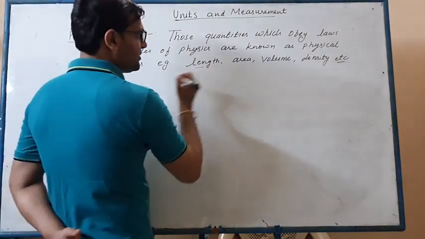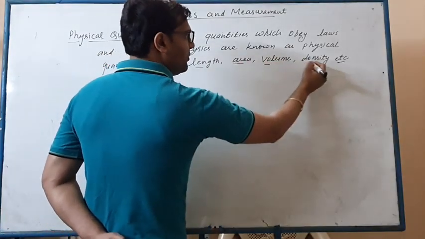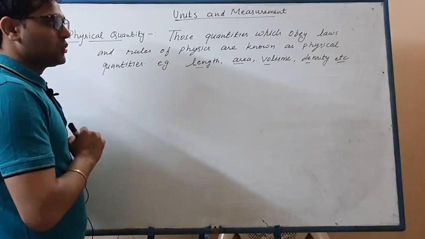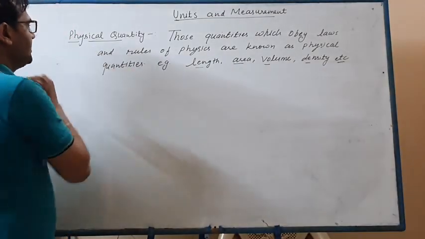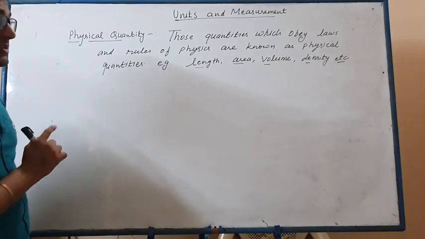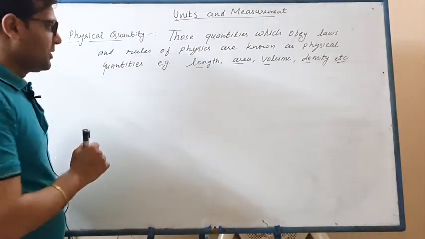We can measure length, right? We can measure the area, we can measure the volume, we can measure the density. So anything which can be measured is known as a physical quantity, but it must follow the rules and laws of physics.